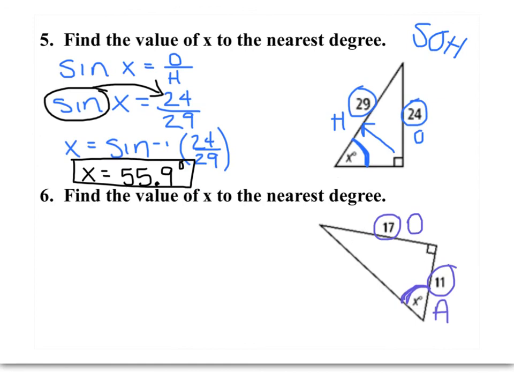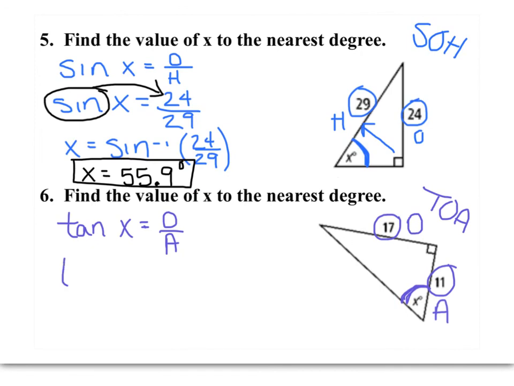Now, given that I have the opposite and adjacent side in my triangle, I am considering my tangent function, or the TOA part of SOHCAHTOA. So I will set up my tangent equation. So I have tangent of x is equal to opposite over adjacent.